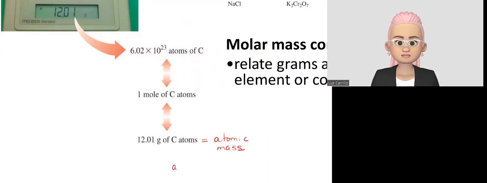So AMU is the same thing as saying grams in 1 mole. So we can actually say that the atomic mass for an element is also given in grams per 1 mole.